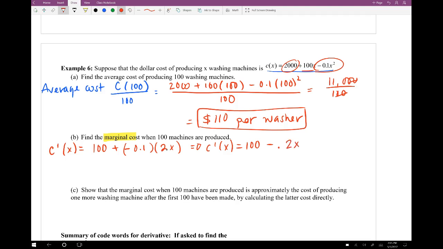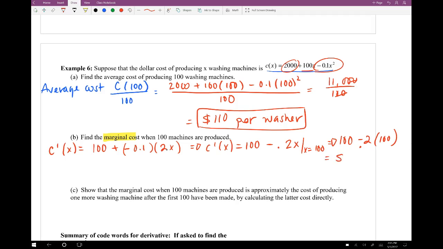Now I need to evaluate it at 100, so x equals 100. So this is going to give me 100 minus 0.2 times 100, that's 20, so that's going to give me 80. Okay, so 80 per washer.